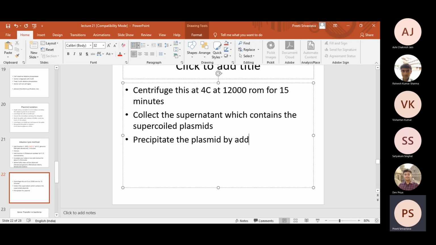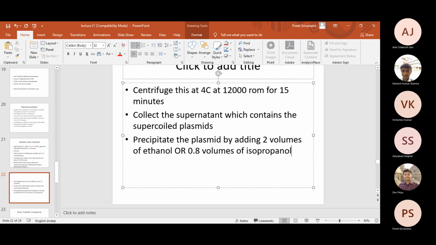by adding, there are two ways. You can add 2 volumes of ethanol. You can add 0.8 volumes of isopropanol. Once you do this, you are going to centrifuge it again at 12,000 rpm, right?